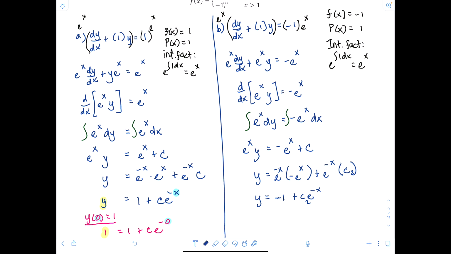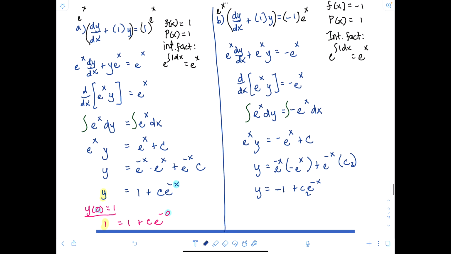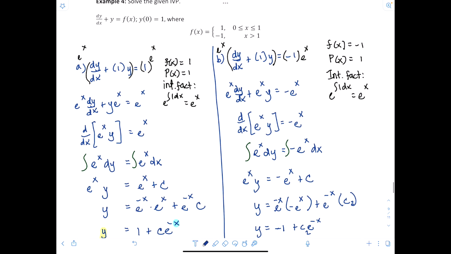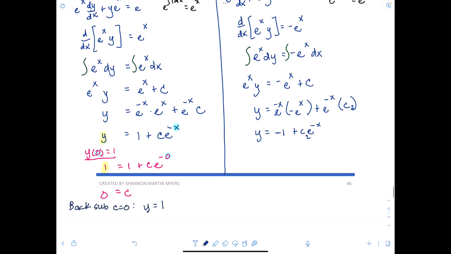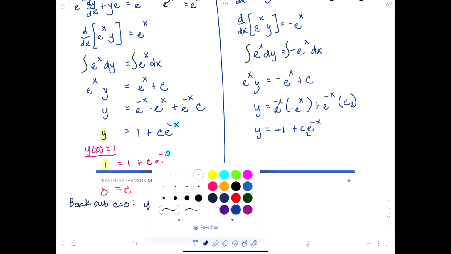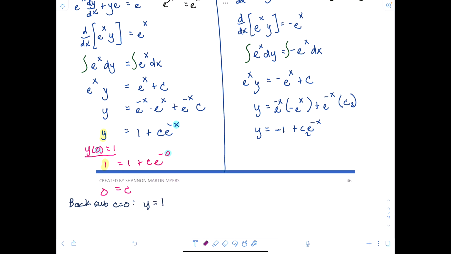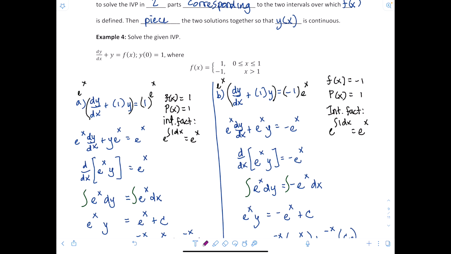So now, to figure this one out, for the first one we could use the initial condition, right, because it was within that interval. But for this one, we have to think of it some other way. To find that second constant, in order for this solution to be continuous, there can't be a jump discontinuity or a break at x equals 1.